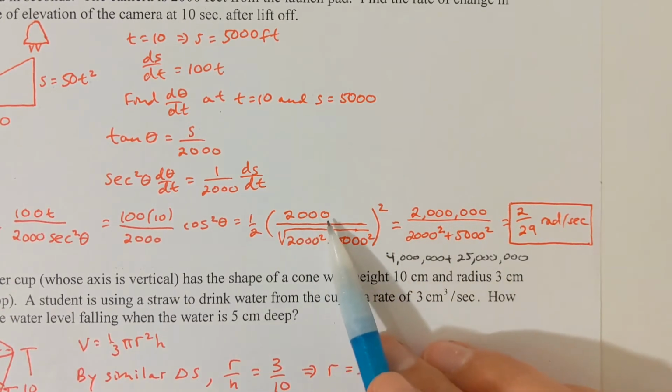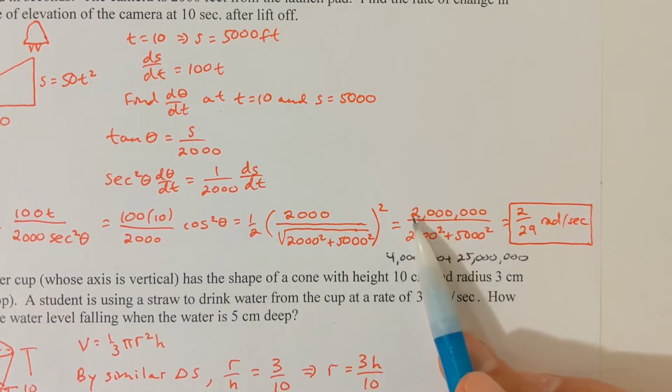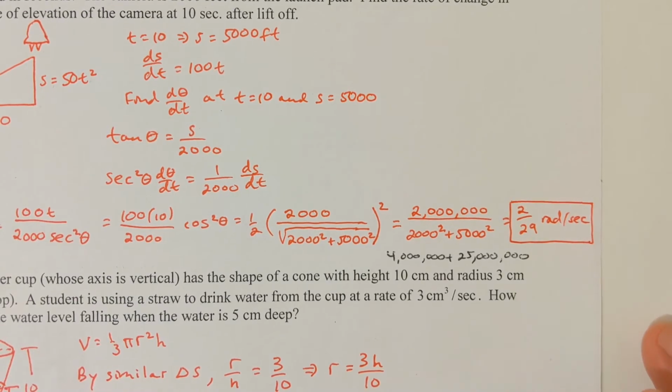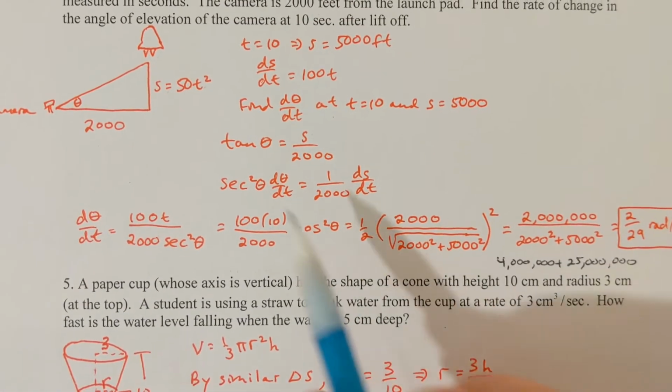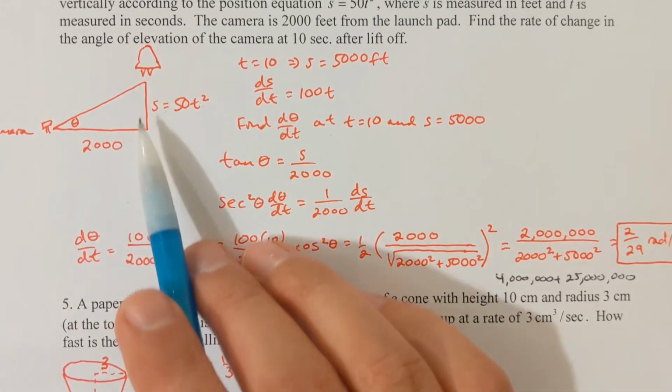And 2,000 squared, well, that'd be 4 million, but I want half of 4 million, which is 2 million. 2 million divided by 29 million would be 2 over 29 radians per second. Okay. Now, theta is increasing as the camera is filming the liftoff, right? The rocket is going up.